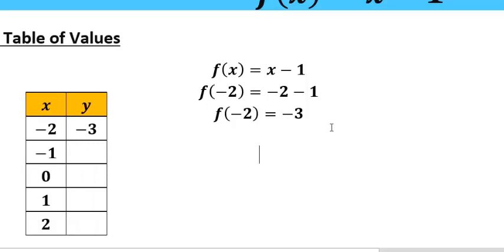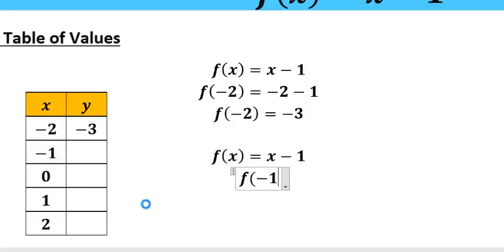Now I'm going to continue with the other ones. I'm going to copy the formula again, and I'm going to put f of the next number, which is -1. I already worked with -2, now I'm going to work with -1, and in the formula I'm going to change letter x with -1, so -1, -1.